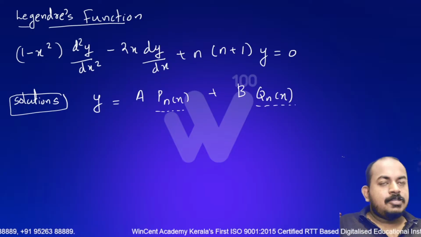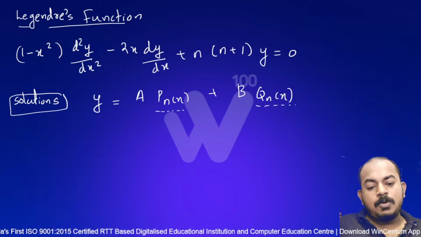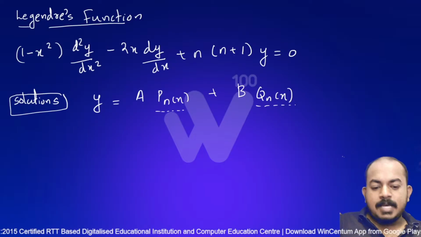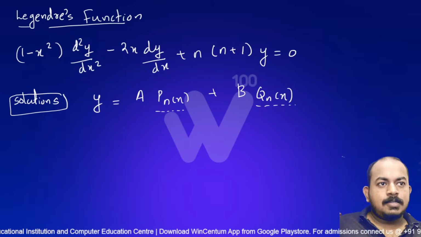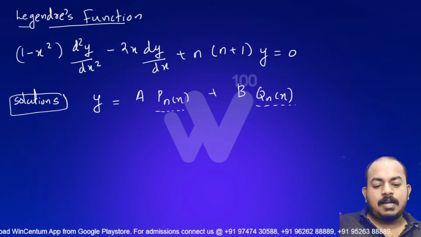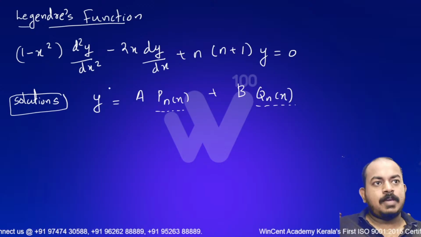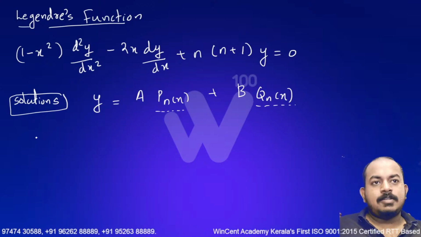So in general, these Legendre's functions, or these Legendre's polynomials, appear in many different mathematical and physical situations. And so these functions or these solutions generally arise as the solution of the Legendre's ordinary differential equation. Okay, so it's a second order differential equation and its form is given as follows.